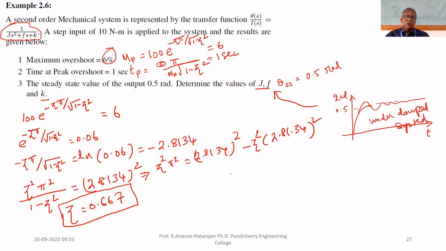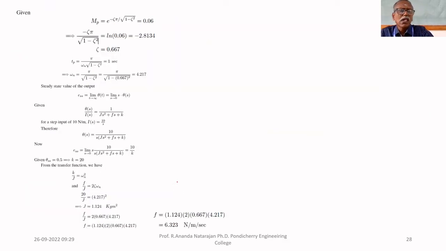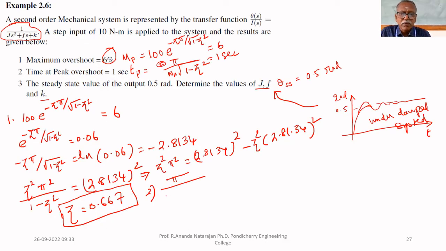Then time at the peak overshoot, Tp equal to 1 second. This is the first part. The second part is pi upon omega n square root of 1 minus zeta square equal to 1. Already we know the value of zeta. Therefore, we can find omega n.